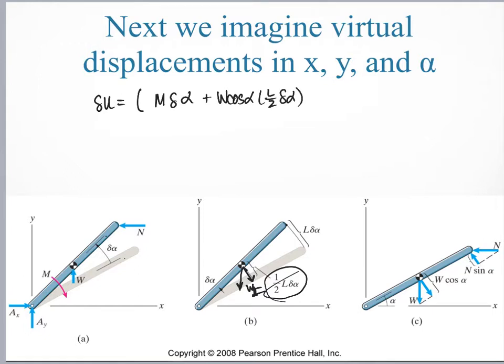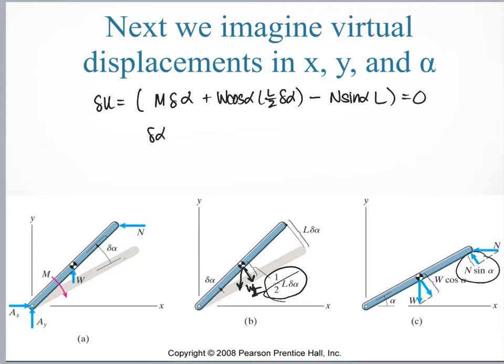So that's for that. And then finally, we have minus, now for the normal force, we actually only want to look at this component, which is in that direction, and that's N sine alpha times L. And all this is work that is equal to 0.